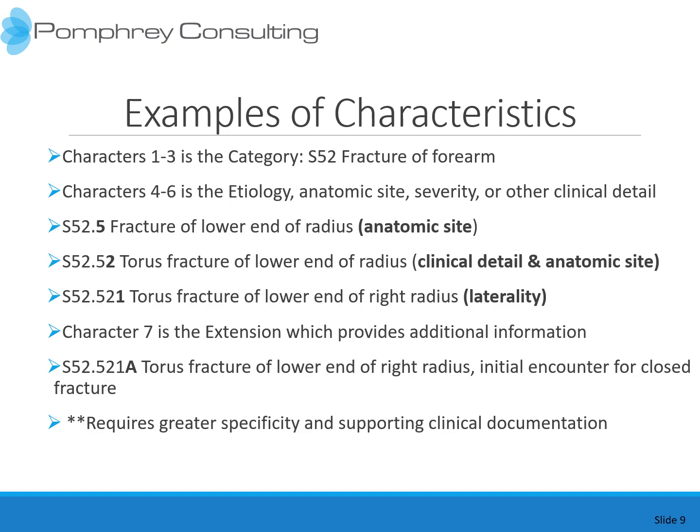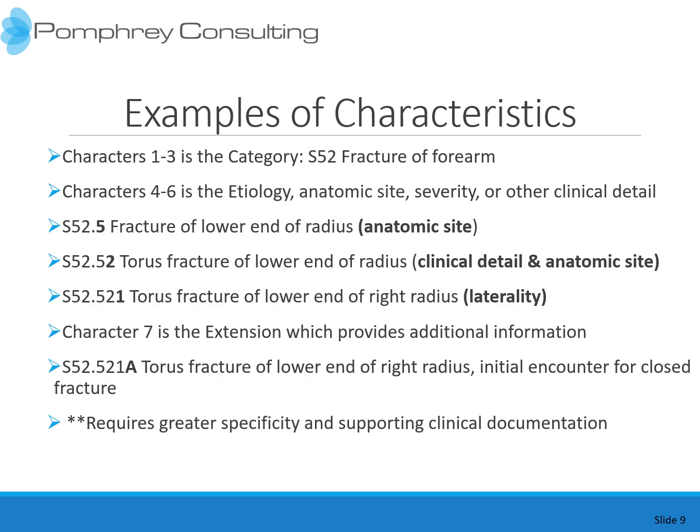In addition to those first 3 characters, you then could be followed by 4 through 7. Those characters that follow the category could identify the etiology, so the cause of the disease, the anatomic site, so specifically where, the severity of the injury or the disease, and any other clinical detail.